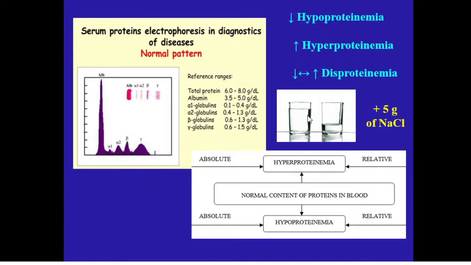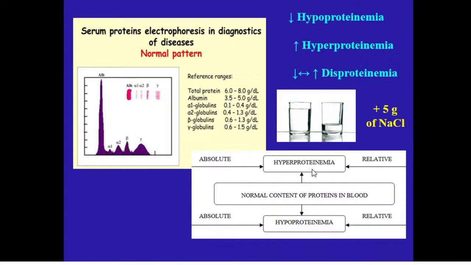So our blood is also a solution, the volume of which can be changed in different situations. In this case, we will talk about a relative change of total quantity. And if this quantity is changed really, by increased production or increased loss of protein without changes of volume of water, it will be absolute.